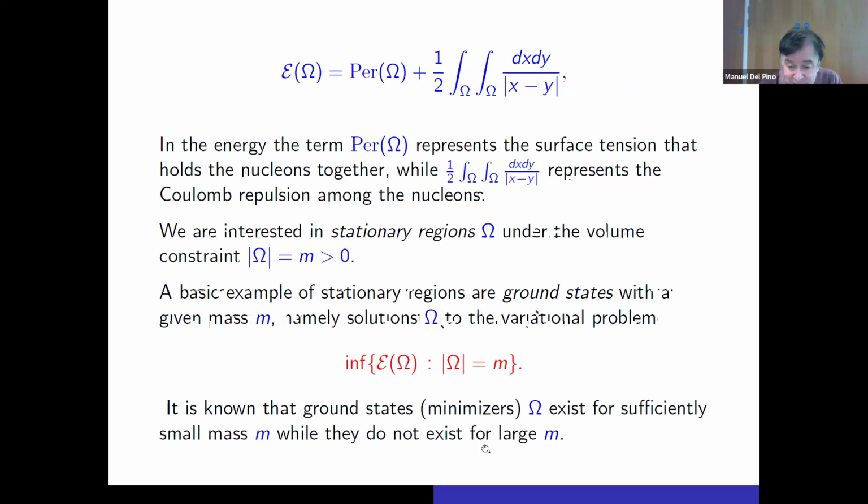While these minimizers do not exist if the mass we are prescribing is big. Maybe there are regions that are local minimizers, but global minimizers definitely don't exist for large m, while they do exist when the mass is small.